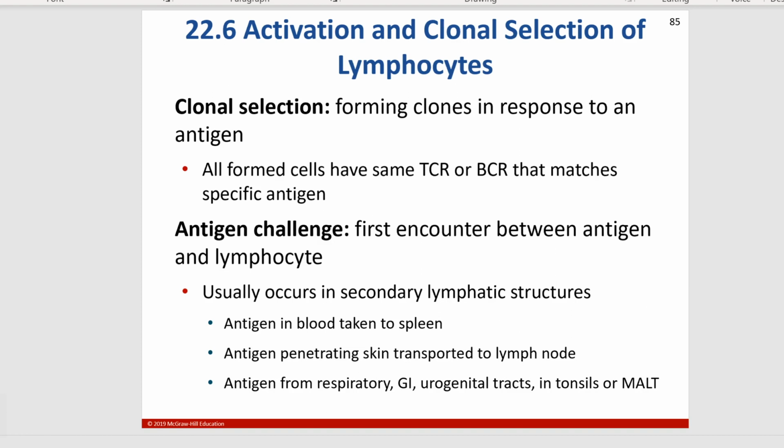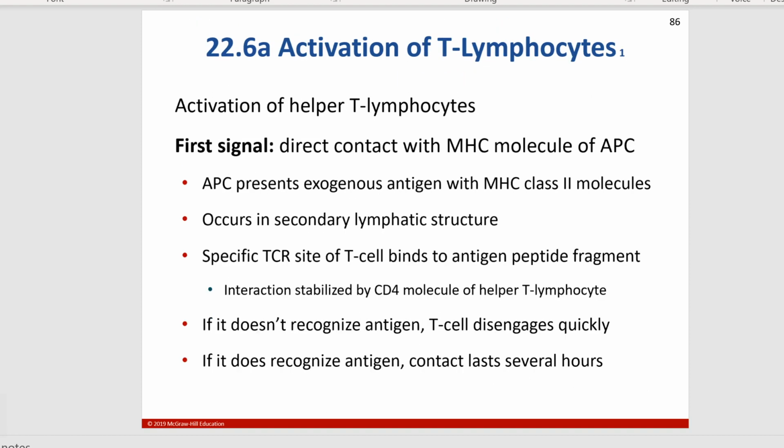The first encounter between the antigen and the lymphocyte usually occurs in the secondary lymphatic structures, as it says there, antigen and blood taken to the spleen. So the antigen comes in, and the first signal is direct contact with the MHC molecule of the antigen presenting cell.